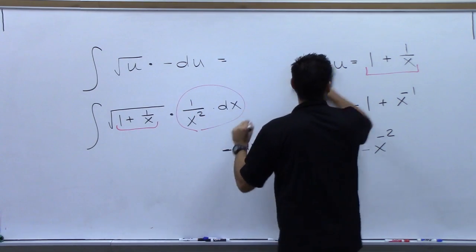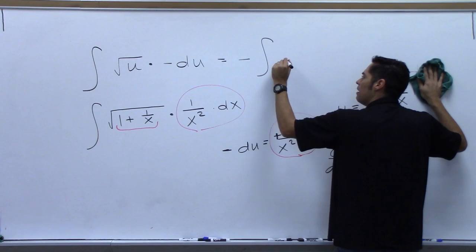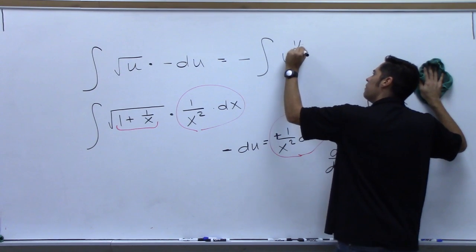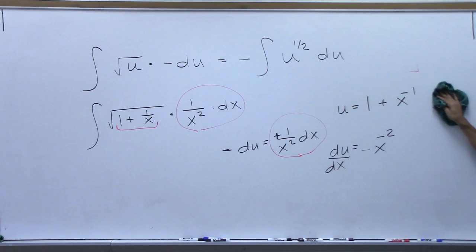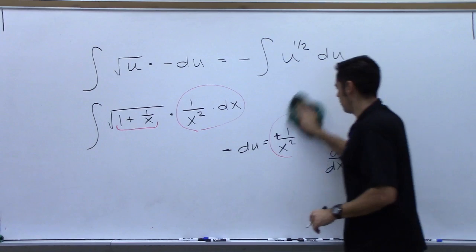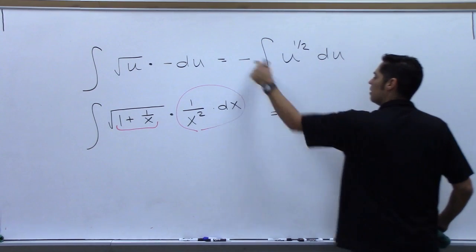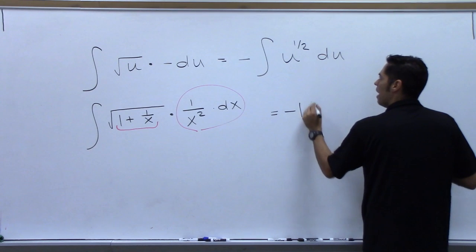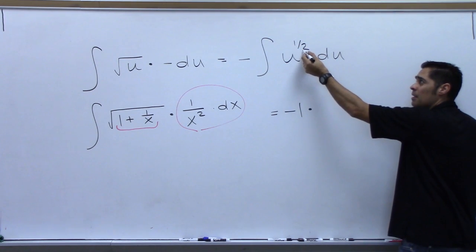I go ahead and pull the negative out of the integral. I rewrite square root of u as u to the half. And then I just use the power rule from last class. So the negative stays out front, right? -1, I'll say. And then I do my little adding 1. When I add 1 to that, I get 3 halves.